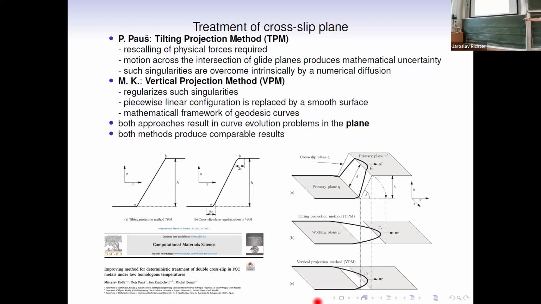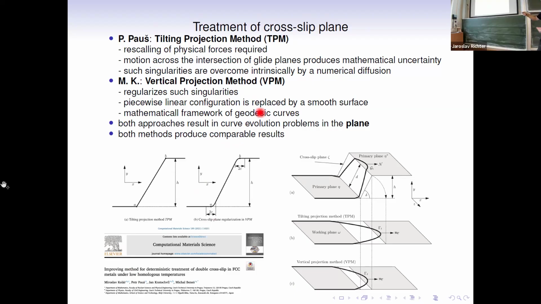And this one, if we regularize our cross slip by some smooth interface, we can overcome such possible singularities. And this is our latest contribution, because doing this, we tried to employ the geodesic description of curves.